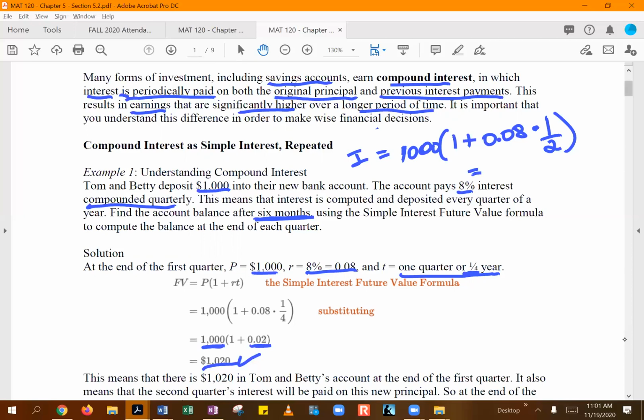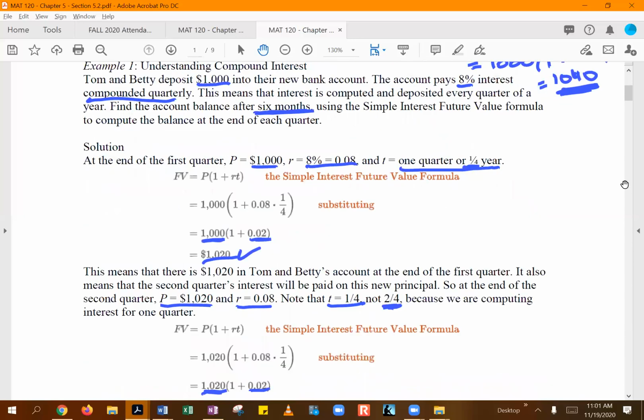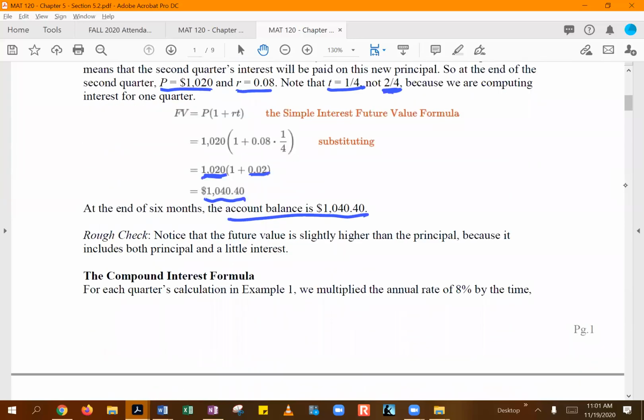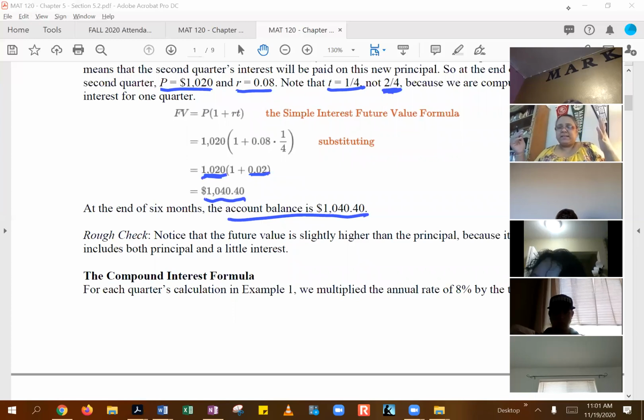So this calculation would be 1,000 times 1 plus 0.04, and you would have ended up with $1,040 as your balance at the end of 6 months. So of course, you are getting a little bit of that extra 40 cents. Now, it may not seem like a significant amount, but think about if you were depositing a 6-figure amount instead of $1,000, say $100,000 or $500,000, something like that.